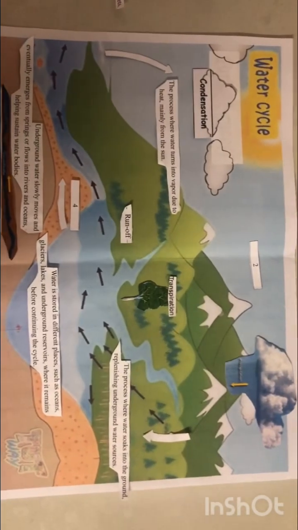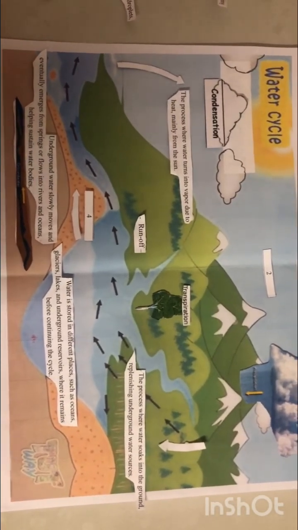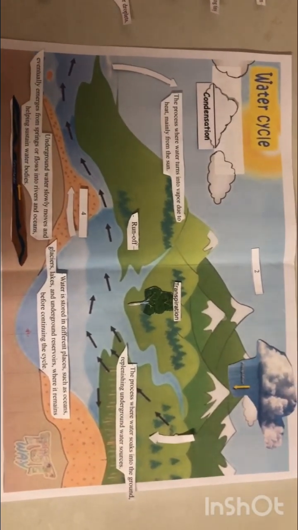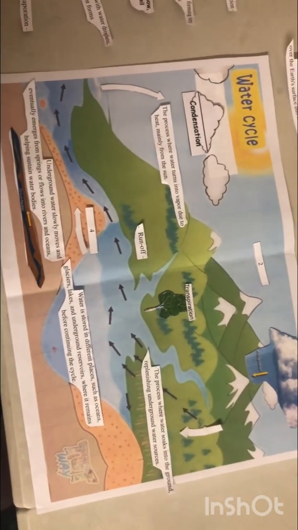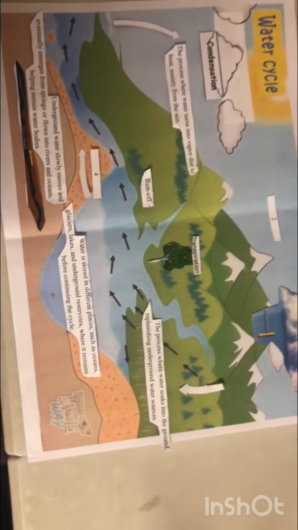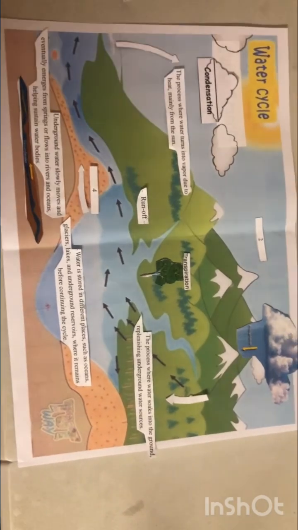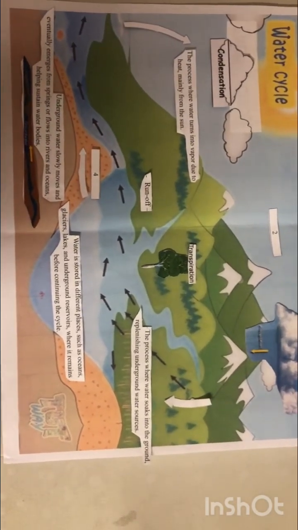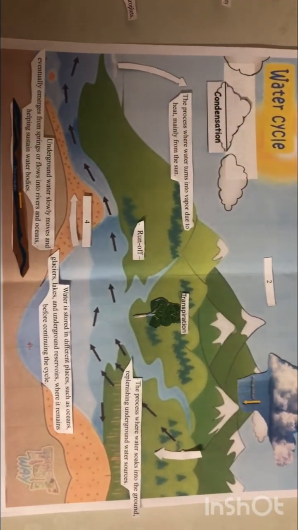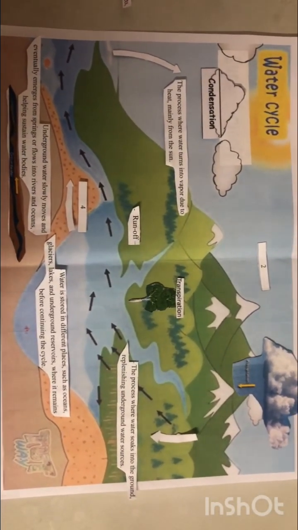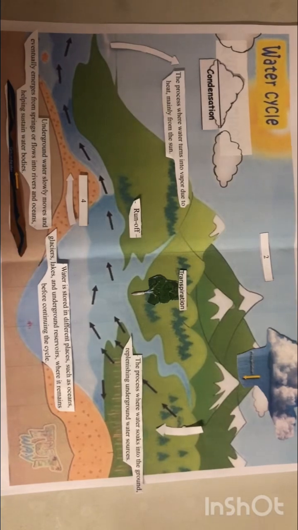Obviously, in the water cycle, there's no starting point and no ending point. But for my presentation, I would like to start with evaporation, because the way I was taught growing up, we usually started with evaporation. So if you look on the left hand side, it's written the process where water turns into vapor due to heat, mainly from the sun.